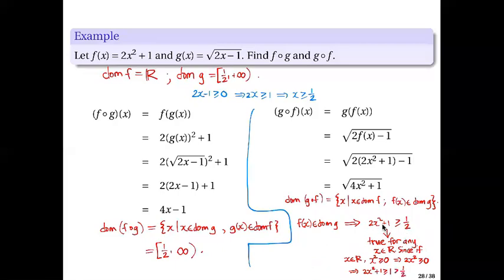So this is always true. Let me write that, always, here. Which means the domain of g circle f is just the set of real numbers.